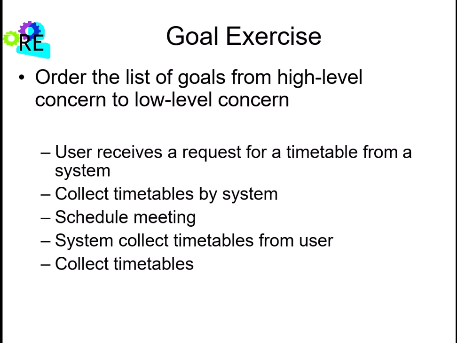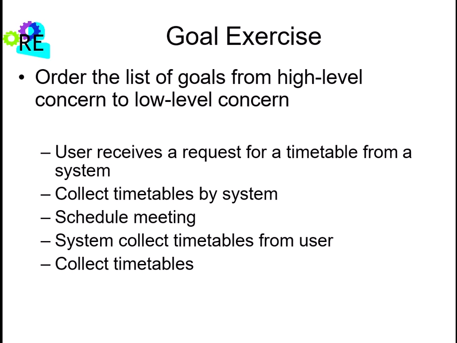Goal exercise. Order the list of goals from high level concern to low level concern. For example, user receives a request for a timetable from the system. This is a user requirement, and alternately this is a goal. Collect timetable by the system is a goal. Schedule meeting. System collects timetable from the user.